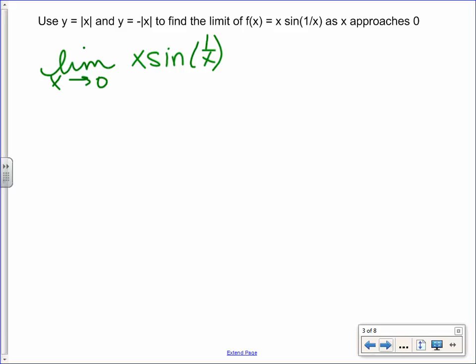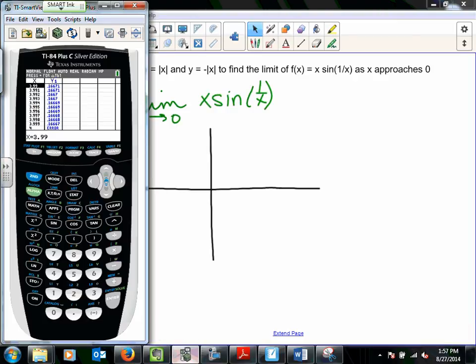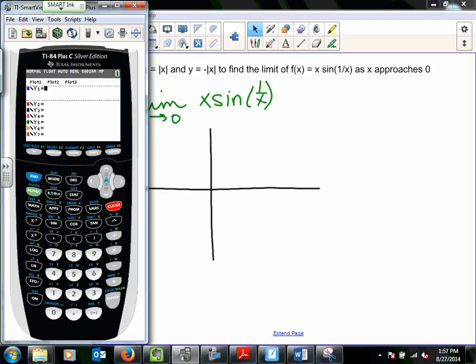So I'd like you to get your calculators out, and I want you to graph x times the sine of 1 over x. Make sure you are in radians.